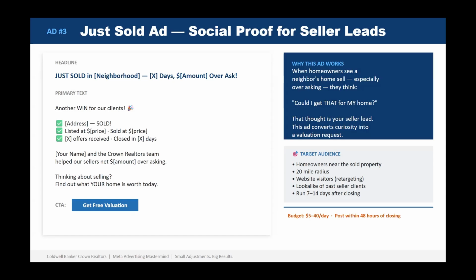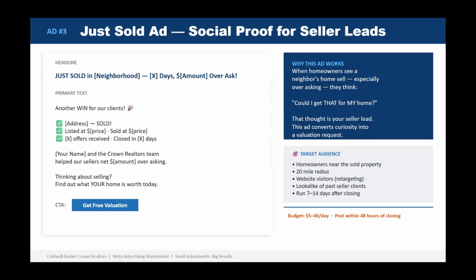When you do this one, you should be targeting your website visitors, right? This is that retargeting piece. Part of retargeting is making sure that the ad works for the retargeted audience. If you're looking for brand new clients, well, those aren't people you can retarget, right?